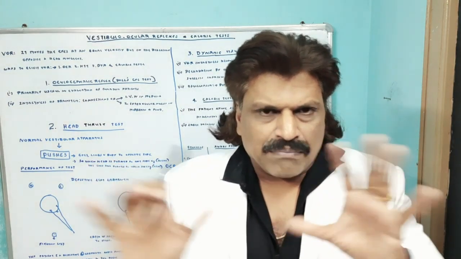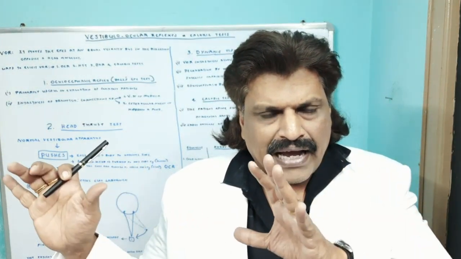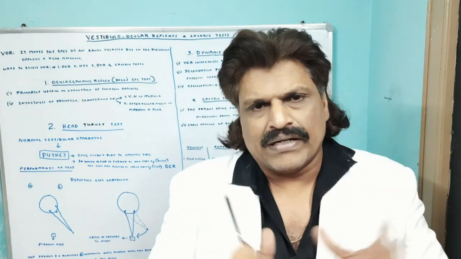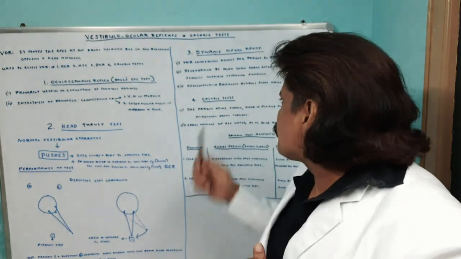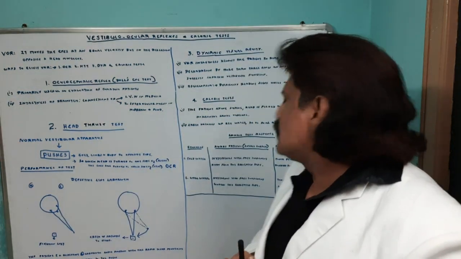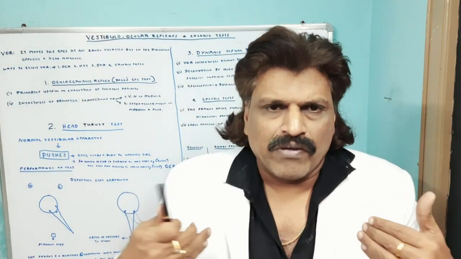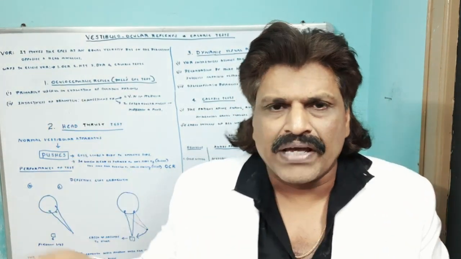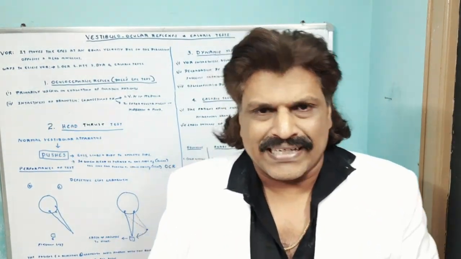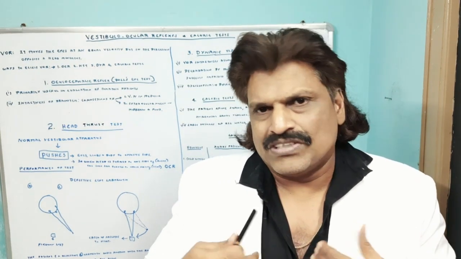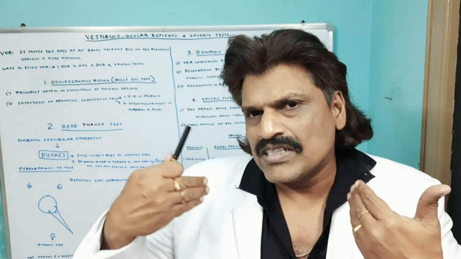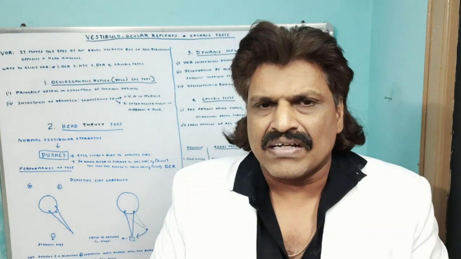Oscillopsia is when the image appears blurred when there's a movement. For example, we may be going in the car and looking at the board signs, but generally we are able to read the board signs well even when we travel in the car.